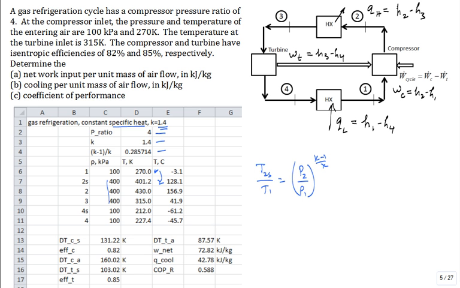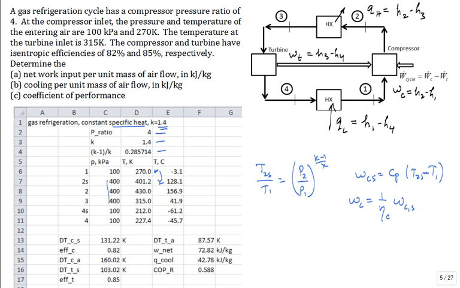And then once we have T2S, then we know w compressor isentropic, which is some cP times (T2S minus T1). And then the work of the compressor actual would be 1 over the isentropic efficiency of the compressor times work compressor isentropic. Are you engaged, or am I leaving you in the dust? Is it okay? Okay, good.